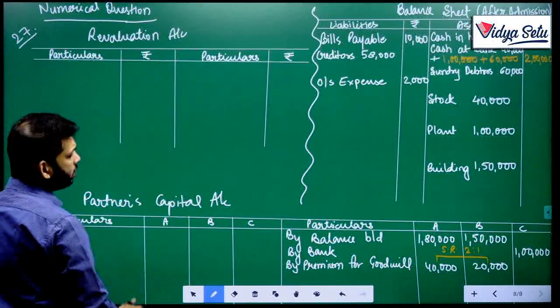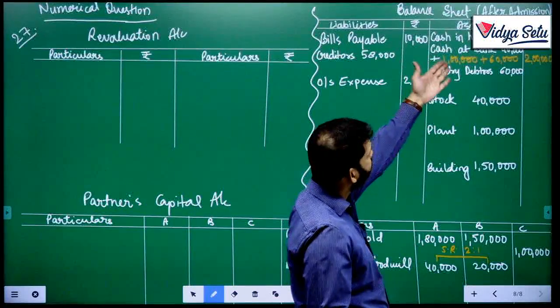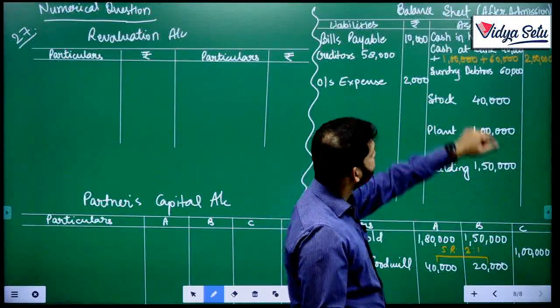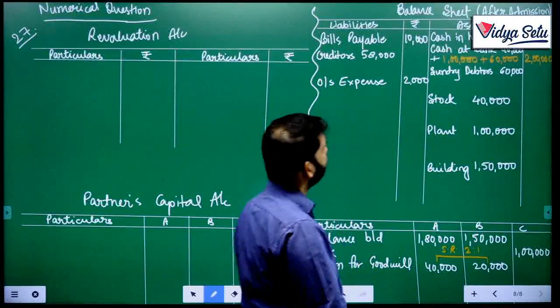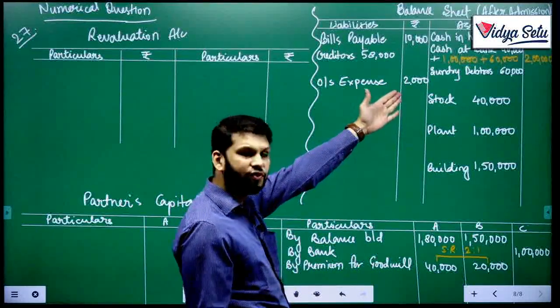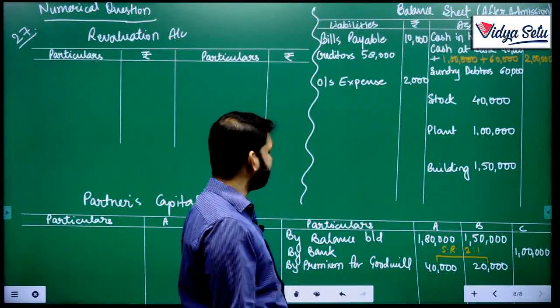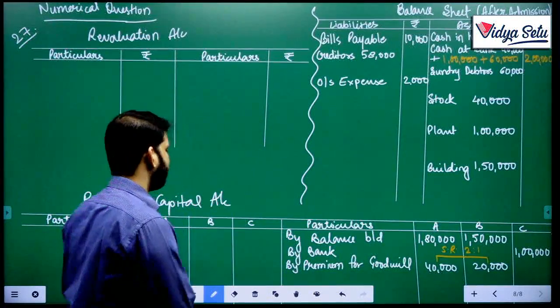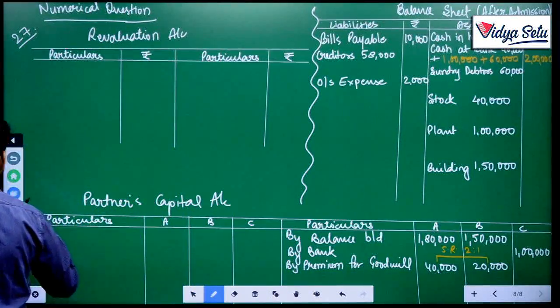So the entries of 1 lakh are gone, and the 60 and 60 entry. Assets show a debit effect, and the partner's capital account on the credit side shows a credit effect. So this is done.